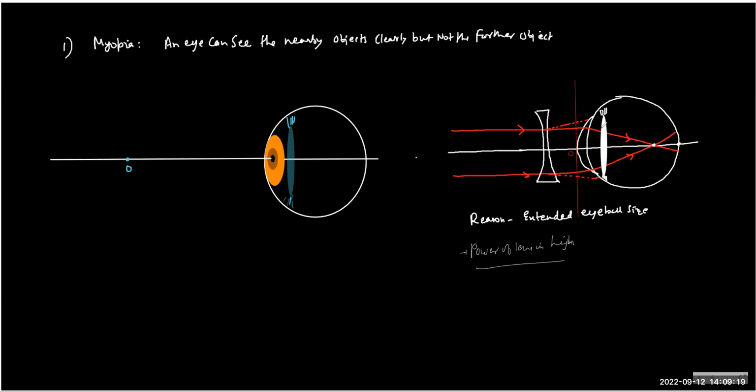And now, because it is diverging, it will eventually converge on the retina. So for the human eye, because the human eye is receiving this dotted line, for your human eye, the object is not at infinity. Where is the object?